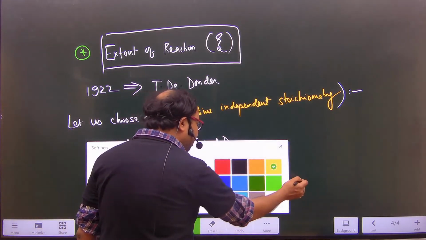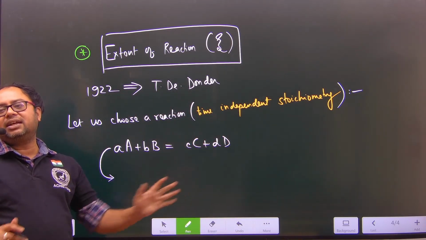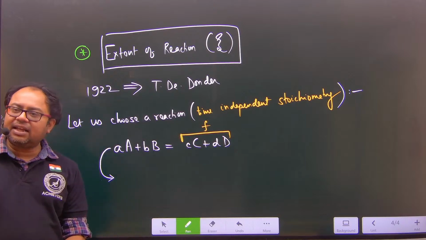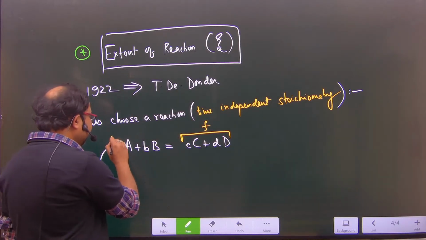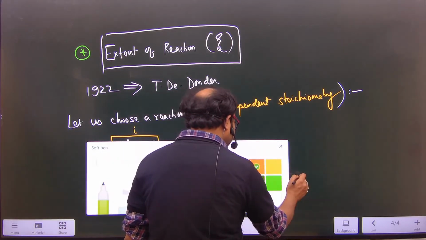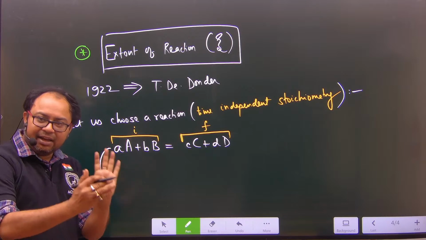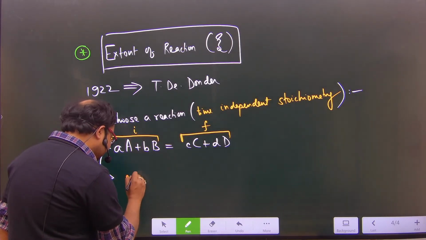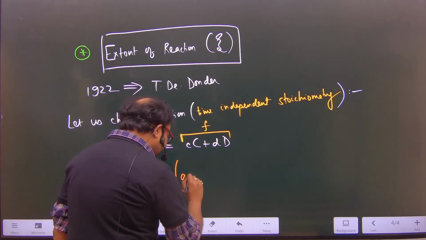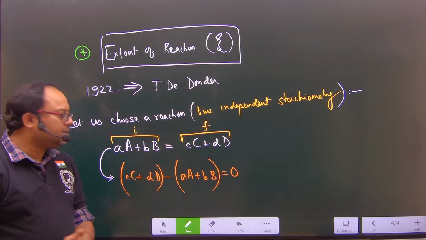Here you have got two sides. The right hand side represents the collection of products, so this is final. And the left hand side represents the collection of reactants, so this is initial. So we can say that the change is final minus initial. So the change is cC plus dD minus aA plus bB, and that is equal to 0 because both the sides are same.